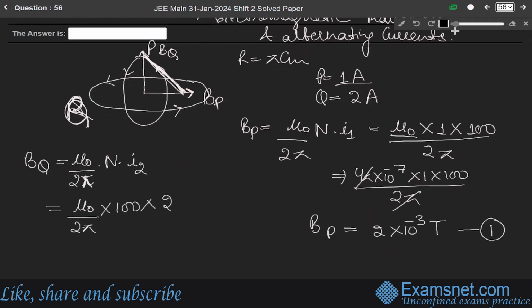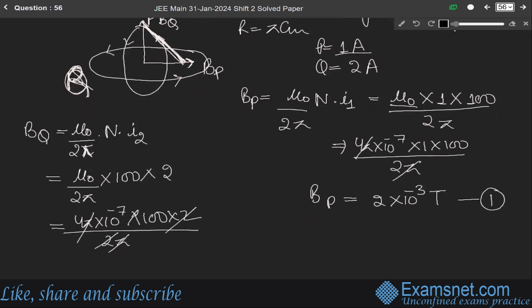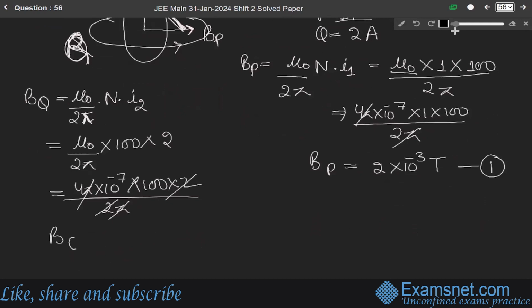I2 is what? 2 ampere. So it will be equal to 4 pi into 10 to the power minus 7 into 100 into 2 over 2 pi. So this pi cancels, 2 cancels. So we get BQ as 4 into 10 to the power minus 3 Tesla.